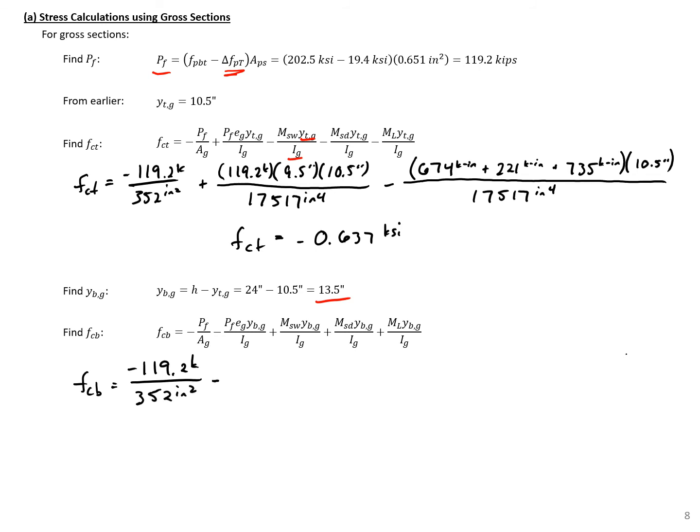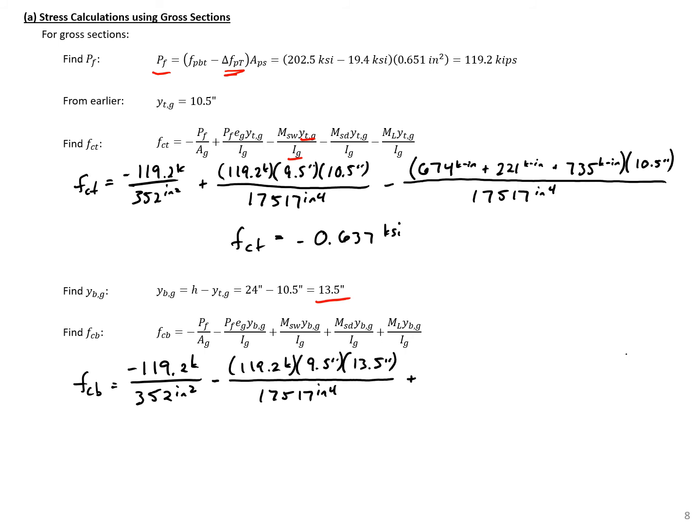This time the eccentricity of our strands is causing compression in the bottom fiber, so we have a negative sign here. So we'll have negative 119.2 kips times our eccentricity, 9.5 inches, times our distance component between the centroid of the section and the bottom fiber, 13.5 inches. And then all this divided by our gross moment of inertia, 17,517 inches to the fourth.